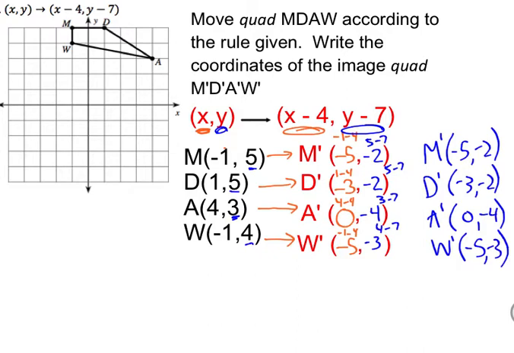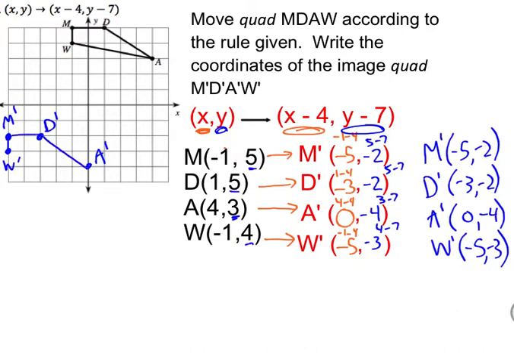So drawing that over here on the graph to see what it looks like, M is at negative 5, negative 2. That's M prime. D is at negative 3, negative 2. D prime. A is at 0, negative 4. Well, A prime is. And W prime is at negative 5, negative 3.